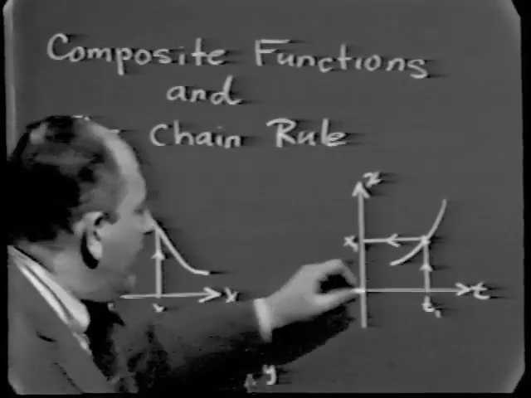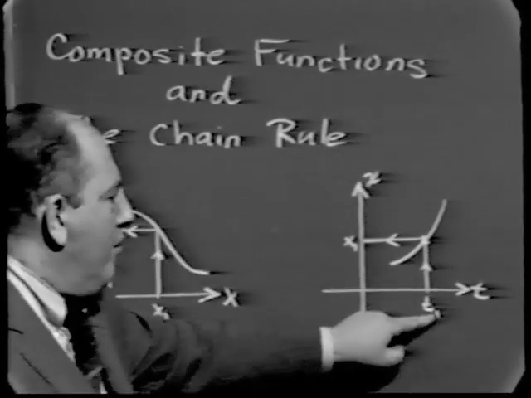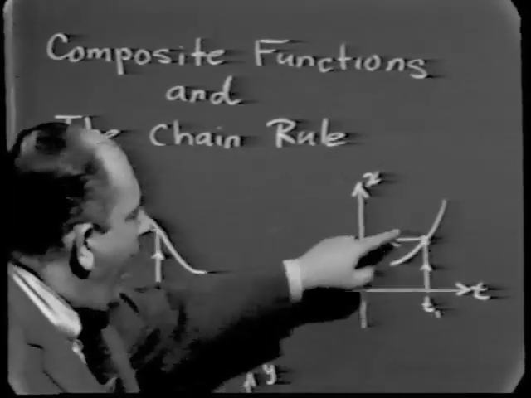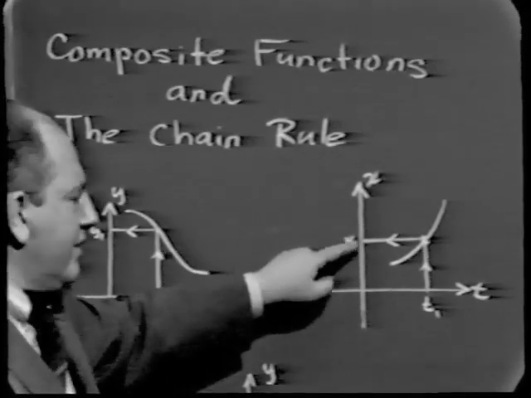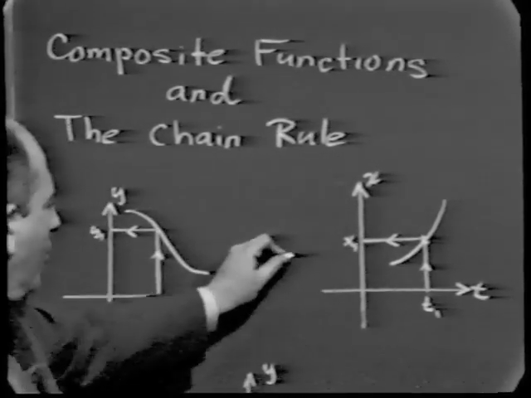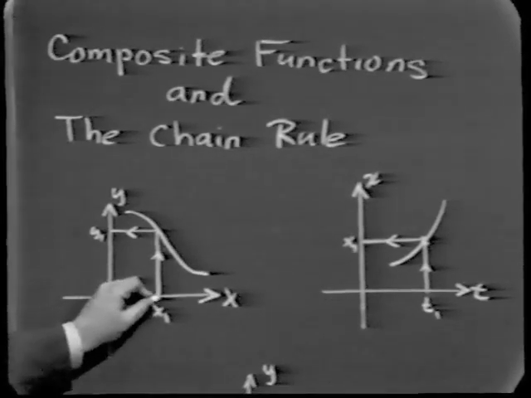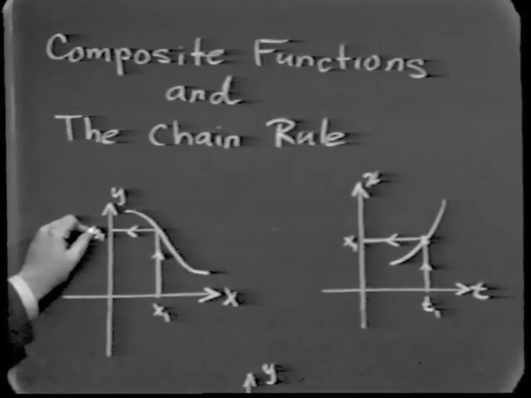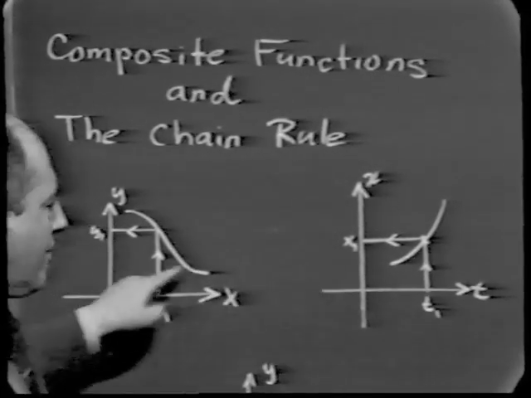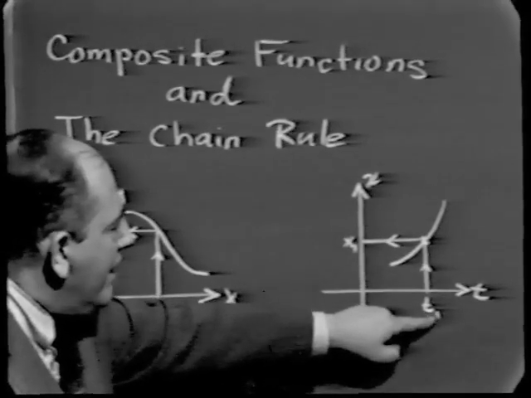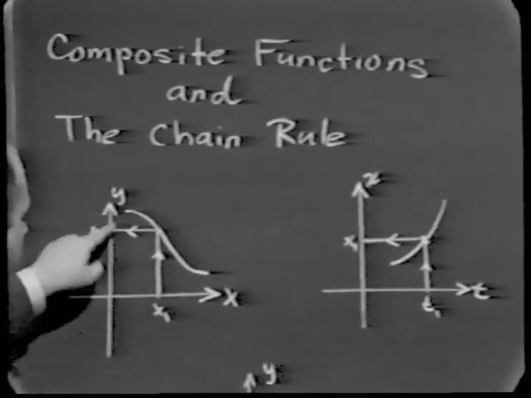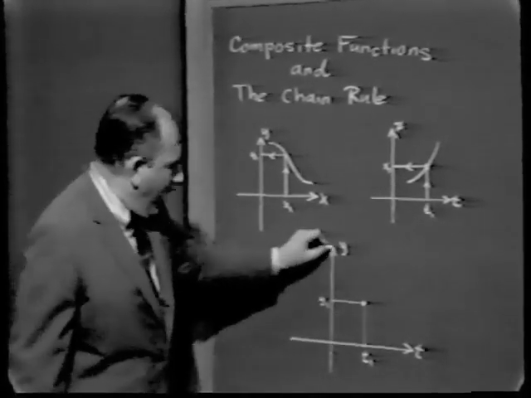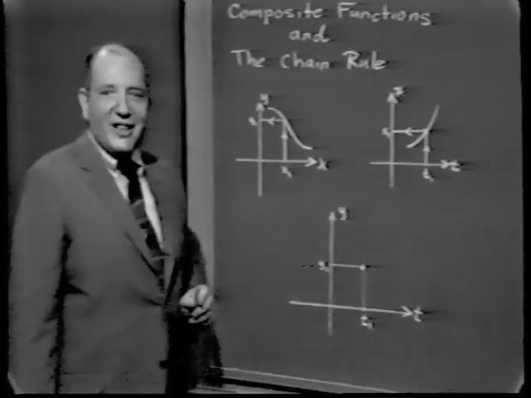For example, given a particular value of t, let's call it t sub 1, from that value of t, I can find the corresponding value of x. Let's call that x sub 1. Now, knowing x sub 1, I can come to this diagram and find y sub 1. And so you see in this chain of two diagrams, a particular value of t allows me to find a particular value of y. In this way, I can visualize y as a function of t.